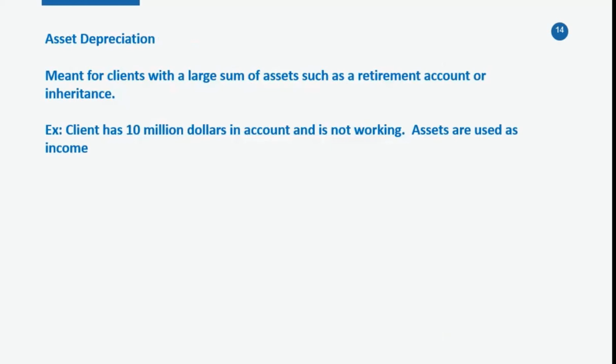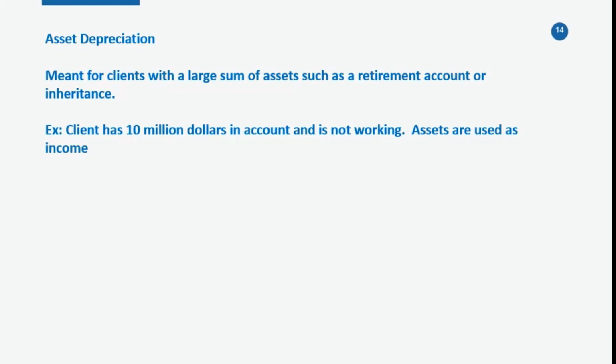This is not a commonly used source of income documentation. Asset depreciation is a type of income that we can possibly use if the borrower or client has a large amount of assets sitting somewhere.